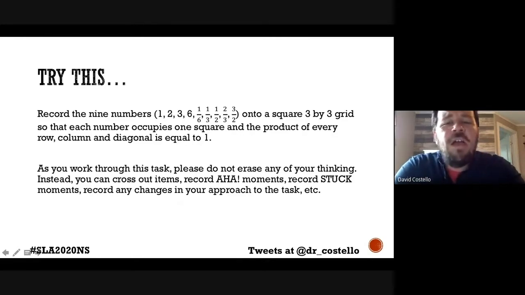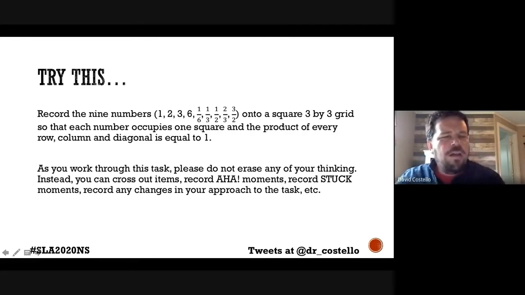Write that, and your goal is to put those 9 numbers into a square 3x3 grid so that each number occupies 1 square, and the product of every row, of every column, and of every diagonal is equal to 1. As you work through this task, please do not erase any of your thinking. Instead, you can cross out the items, you can record aha moments, stuck moments, or any changes in your approach. So I'd like you to do that.